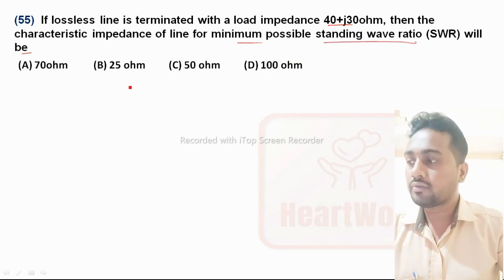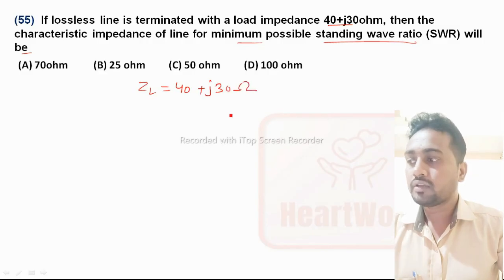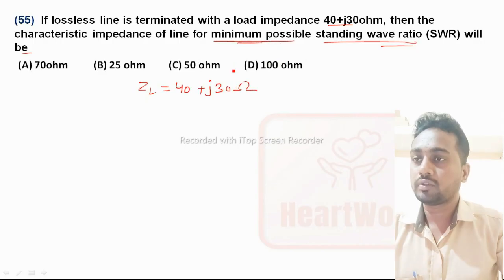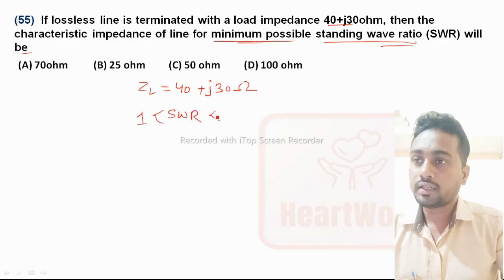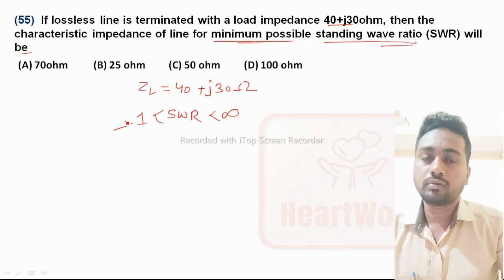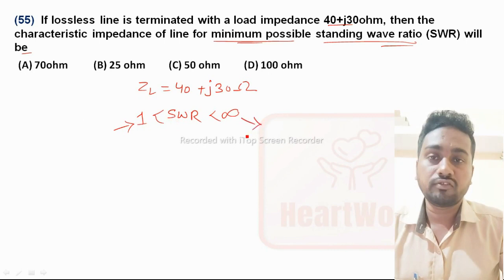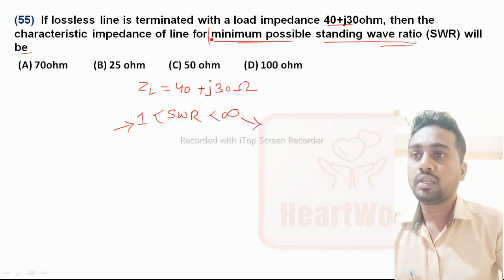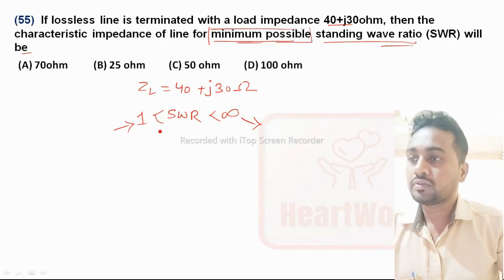Here ZL, the load impedance, is given as 40 plus j30 ohm, and it is asking for the minimum possible value. The range for SWR is 1 to infinity, so the minimum value is 1 and the maximum is infinity. So here SWR is 1.